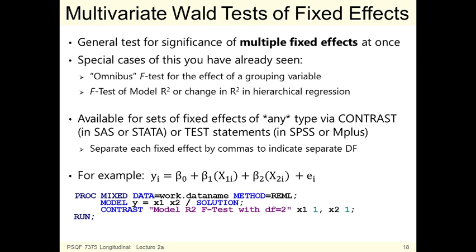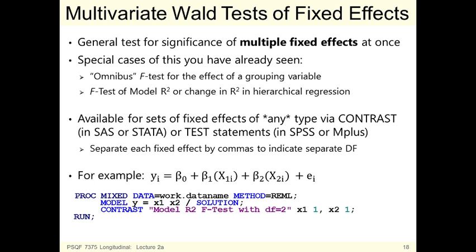The same idea gets a different name in the context of regression. If you fit a regression model with more than one predictor, one of the pieces of output that you get is an F-test for the model R-square, right? And that's the significance of whether that R-square is greater than 0. That's the same idea.